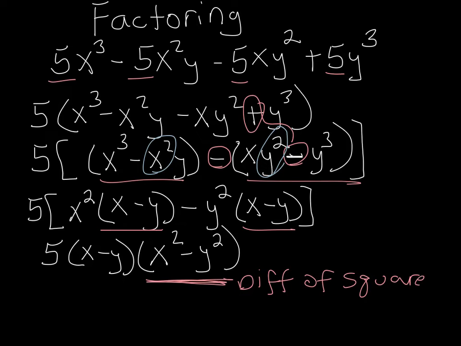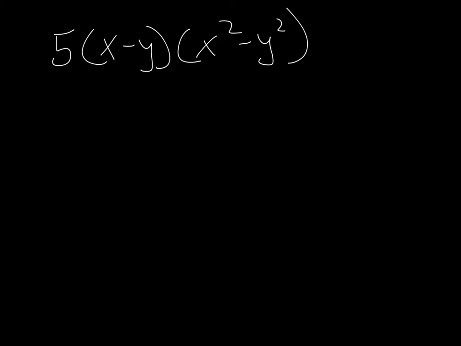So I can continue to factor that by using the formula here. So I have 5 times x minus y, x squared minus y squared. Difference of squares: I know that the formula is a squared minus b squared equals a plus b times a minus b.